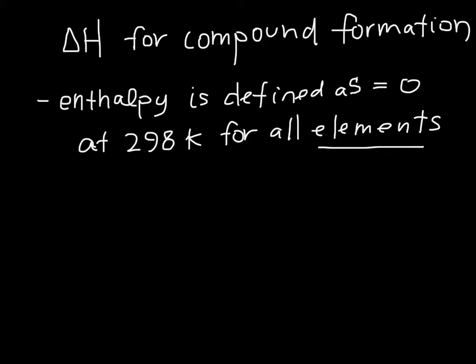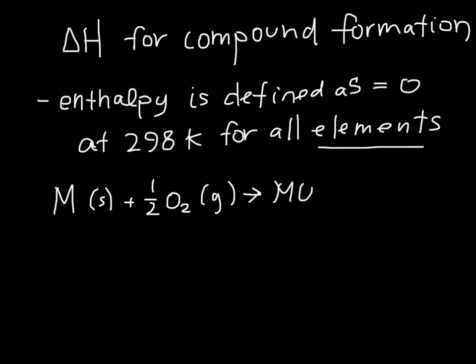So let's say that we have a reaction where a solid metal is reacting with O2 gas to form a metal oxide. Like I said, let's say for now that this is at 298.